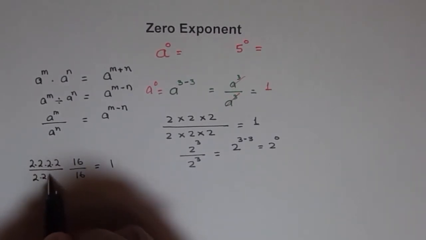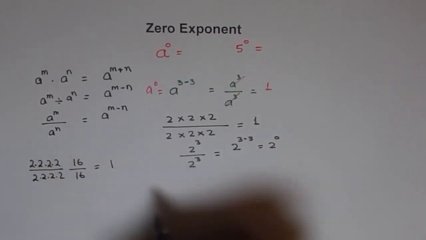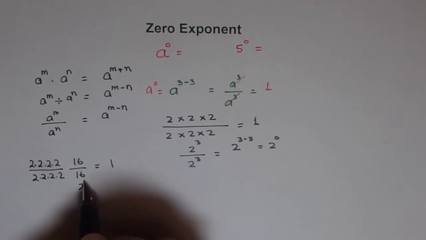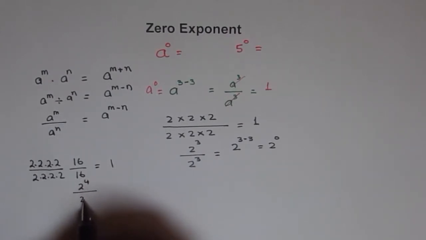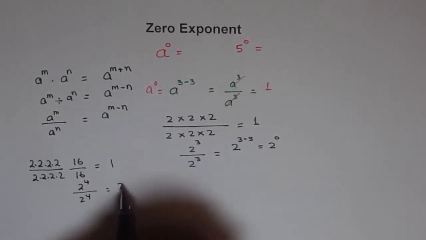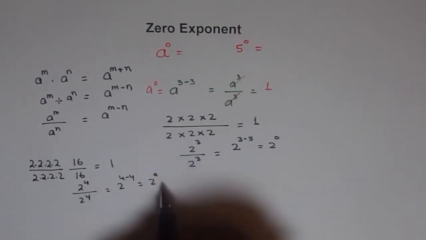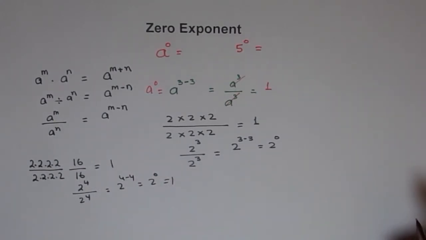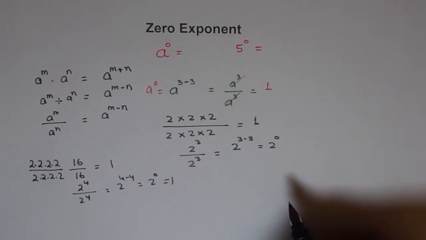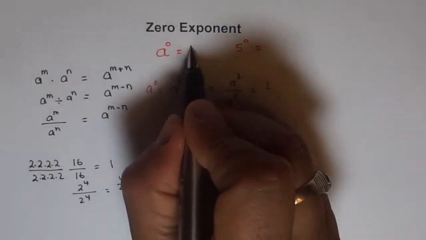Perfect. This means I could write this as 2 to the power of 4 divided by 2 to the power of 4, which gives me 2 to the power of 4 minus 4, which is 2 to the power of 0, and I know it is 1. So anything to the power of 0 should be 1.